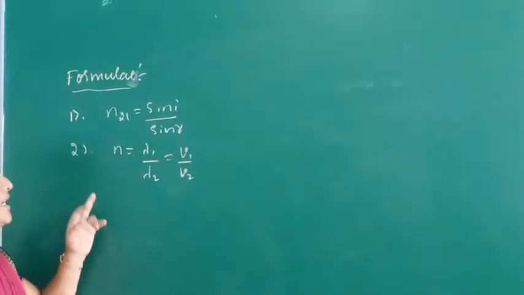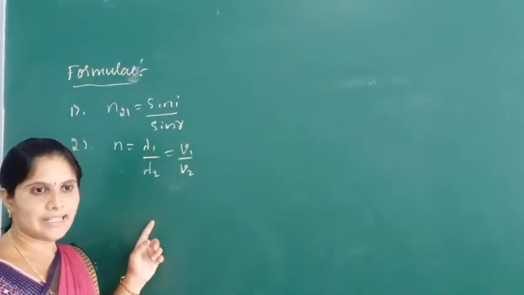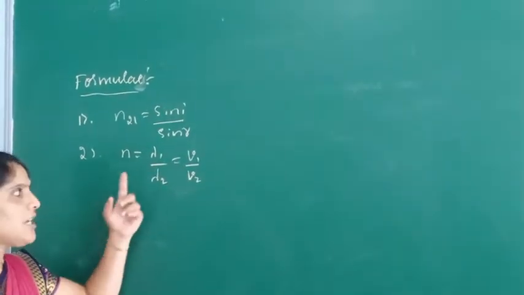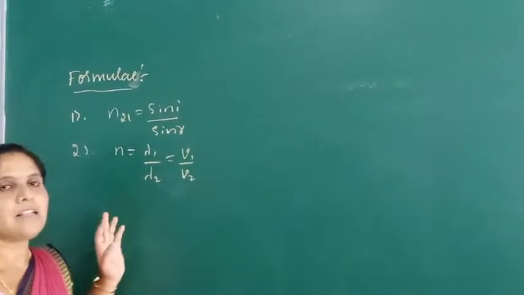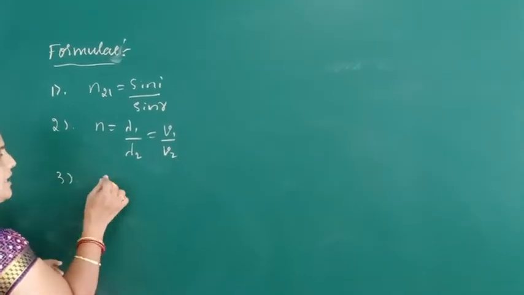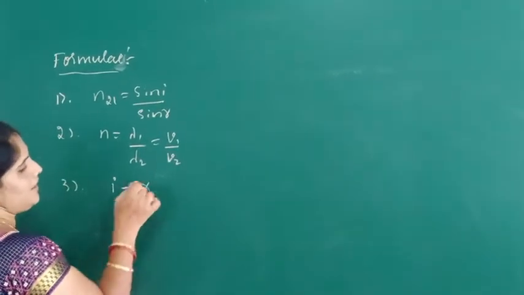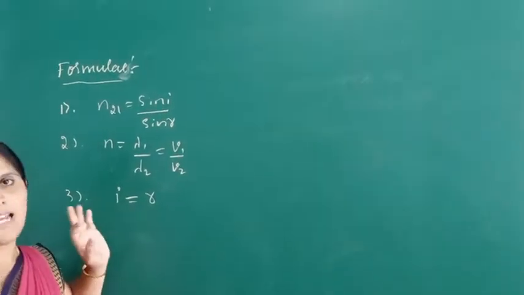Here n is the refractive index, lambda1 and lambda2 are the wavelengths of light in the first medium and second medium, and v1 and v2 are the velocities of light in the first and second medium. Third, i is equal to r, that means the angle of incidence is equal to the angle of reflection.